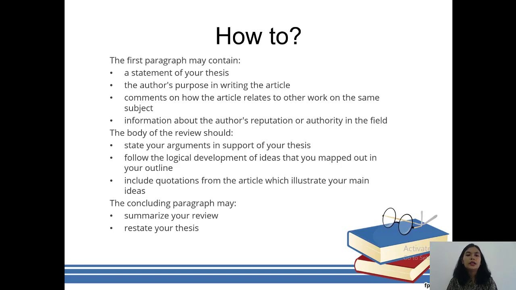Then in the body of the review, you can make it one paragraph or more than one paragraph. You state your arguments in support of your thesis, follow the logical development of ideas that you mapped out in your outline, and include quotations to make sure that readers know that you're actually taking information out of the article.